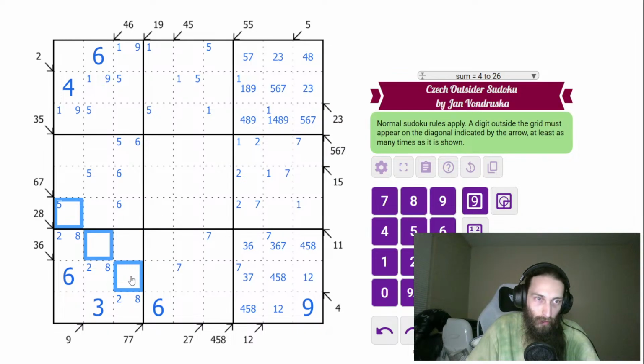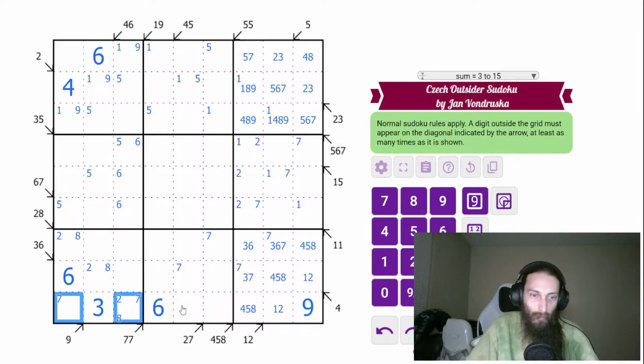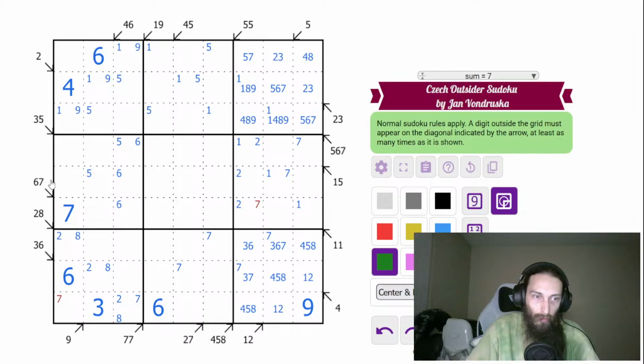Okay, so the 7 can be any of those 3. But the 7s here now form an X-wing. We get 7s as one of those 2. And since the 7 in box 7 can't go there, it's got to go up there in box 4. And now this one is done.